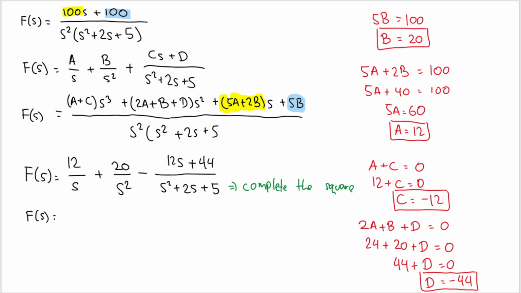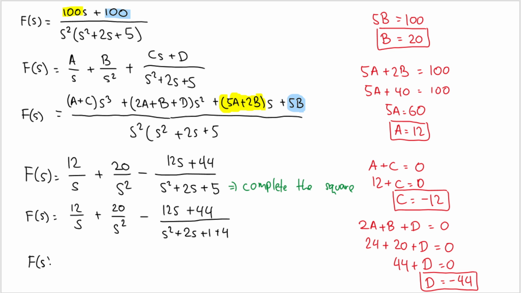Let me rewrite all of that first. 12 over S plus 20 over S squared, and then minus 12S plus 44. And then this one will be S squared plus 2S. Okay, let's complete the square. That should be plus 1. But here we have 5, so let's rewrite 5 as 1 plus 4. Okay, good.